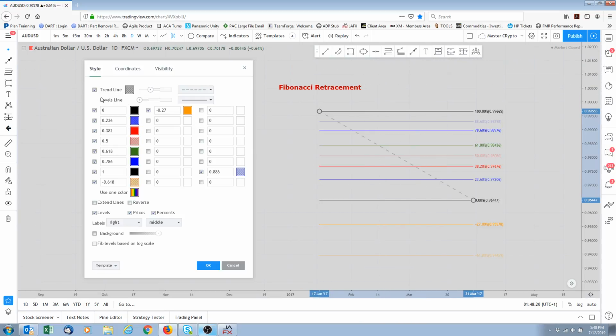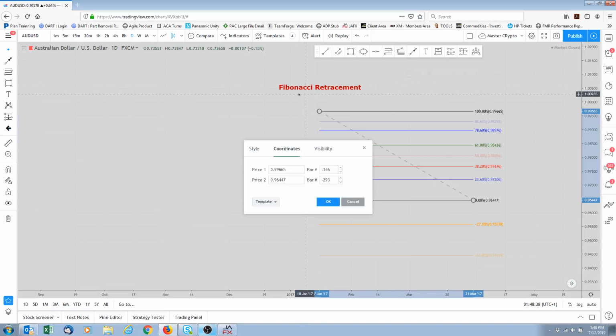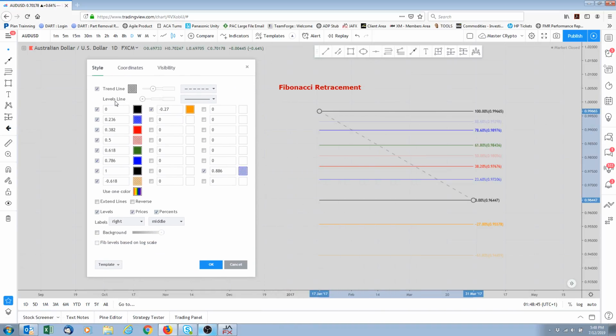So go ahead and make a note. See how these check boxes, these numbers, these levels are all checked, that I've already put in. This trend line here, you can click black. Sorry, wrong thing, one second. All I did is accidentally hit coordinates. Just go back to style if you do that. So see how this one is kind of checkered and this is black. This one is slightly checkered.